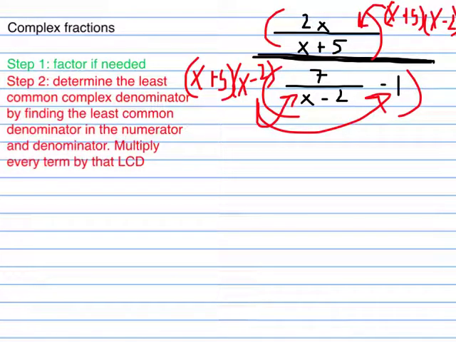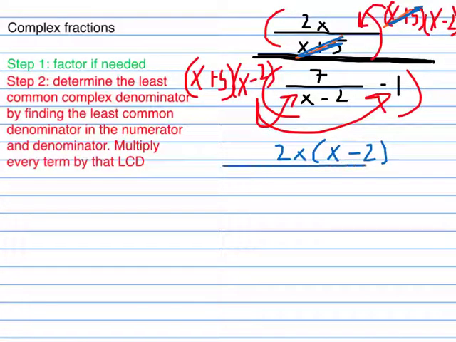What I have here is this x plus 5 will cancel out there. So I've actually eliminated my complex fraction. Let me use a different color so we can see that. So you have 2x times x minus 2. You've eliminated the complex part on the top. Now let's look at the denominator.